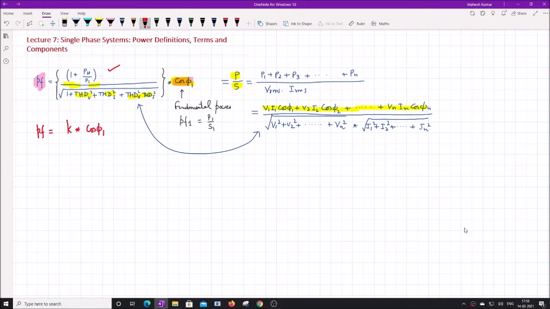We want to understand the behavior of this factor k, whether it is equal to 1, greater than 1, or less than 1, and under what conditions.